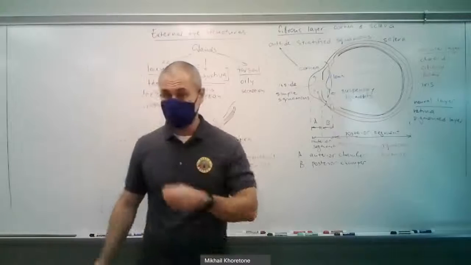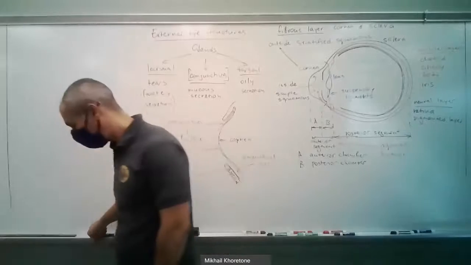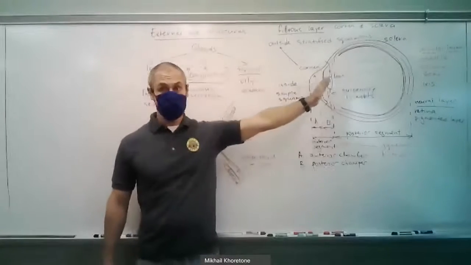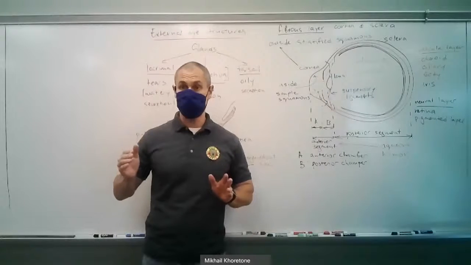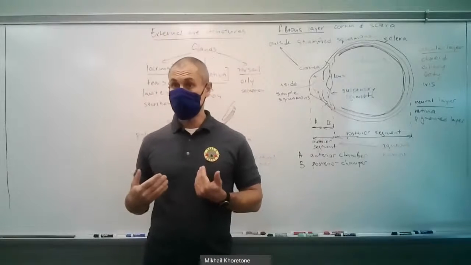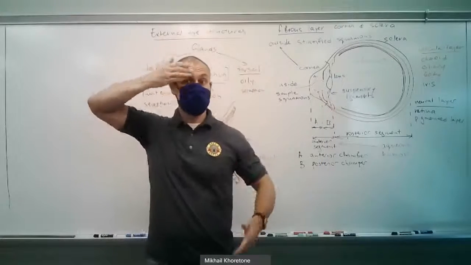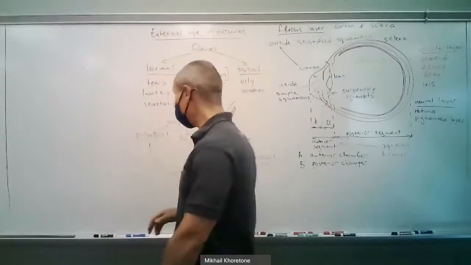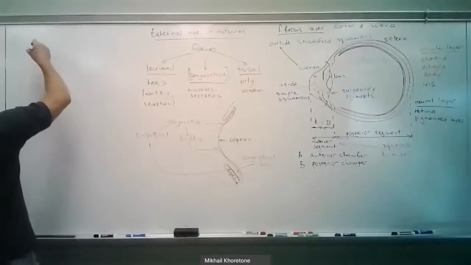What you see on this gorgeous image is a sagittal section of an eye. What I'm going to do now is a frontal, coronal projection of one particular part of the eye. It's going to be the ciliary body. Okay, good. So check it out.